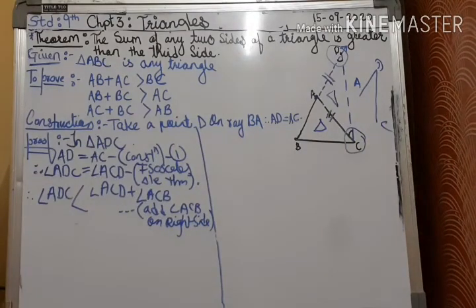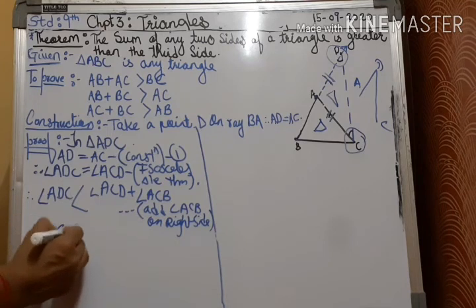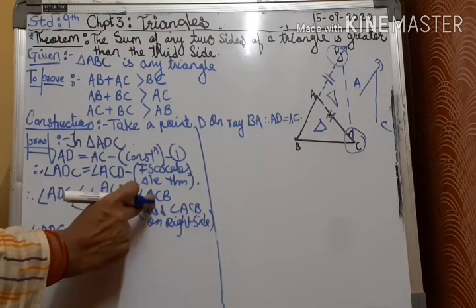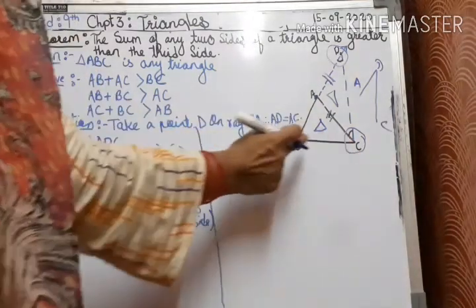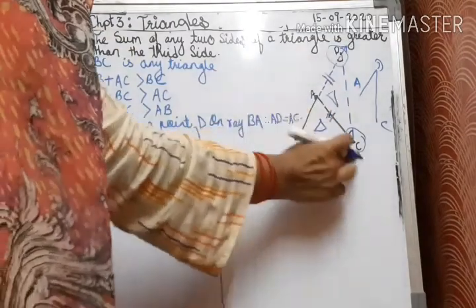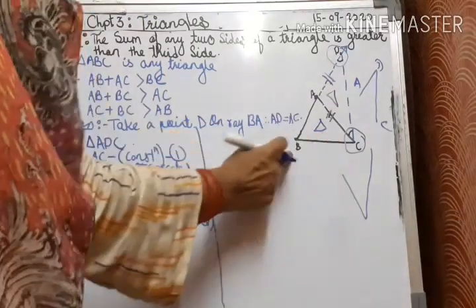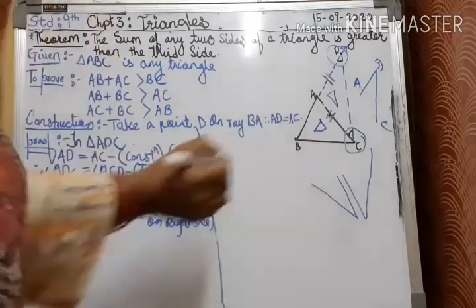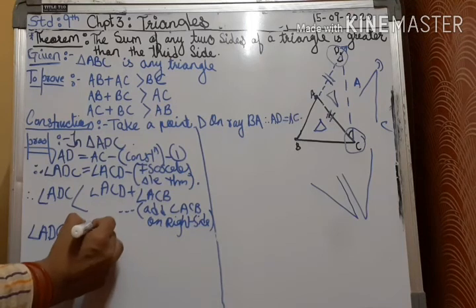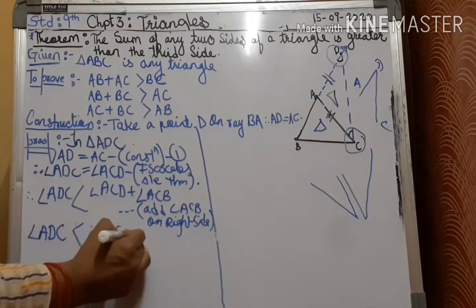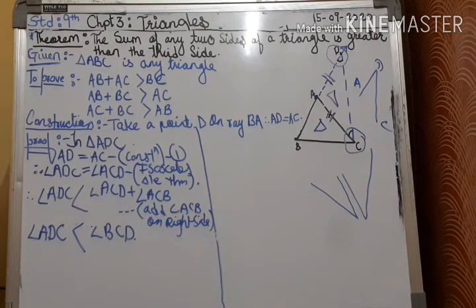So therefore, angle ADC as it is, greater as it is, ACD and ACB. This angle ACD and this angle ACB together come in angle BCD.